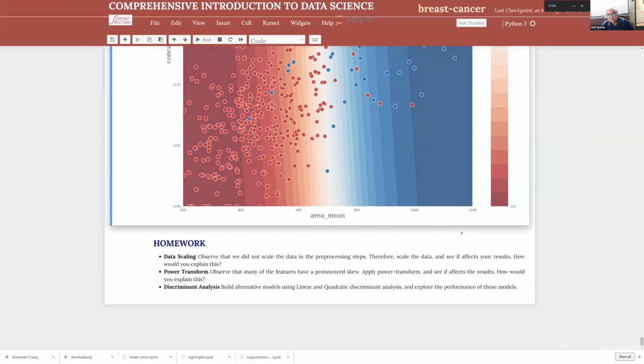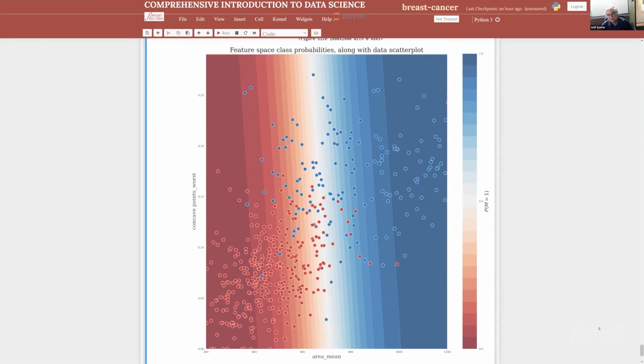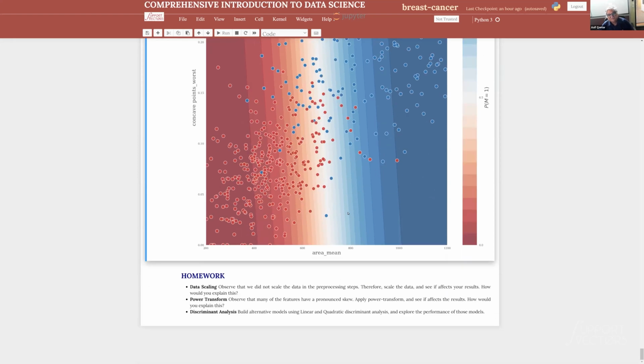Let me try to make it fit in one screen. It is almost vertical, implying that area mean matters a lot more than concave points worst. Concave points worst is still a pretty significant predictor if you build a model between these two features.